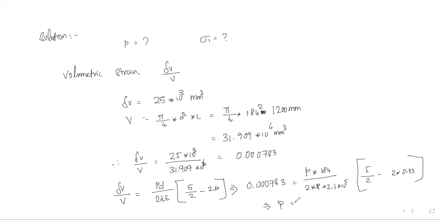It becomes 7.40, so pressure intensity is equal to 7.40 Newton per mm square. So this is the internal pressure of the fluid in the cylindrical shell.